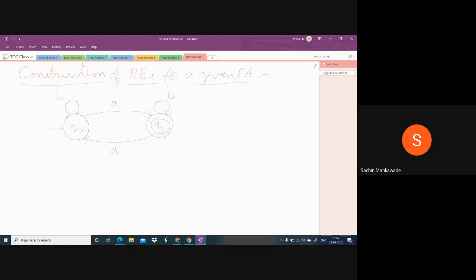By looking at this diagram, can anybody say what kind of strings this machine accepts?